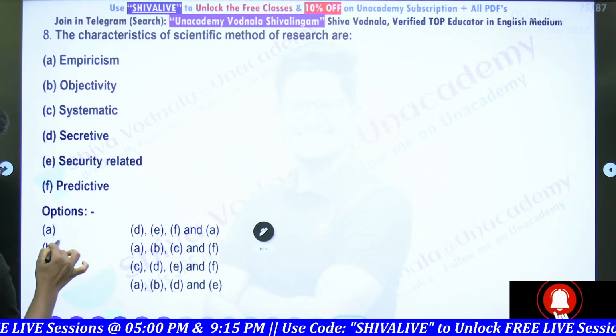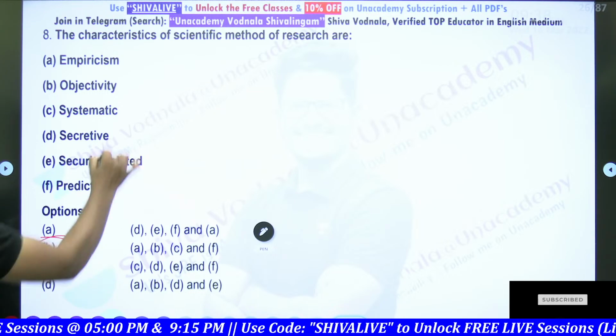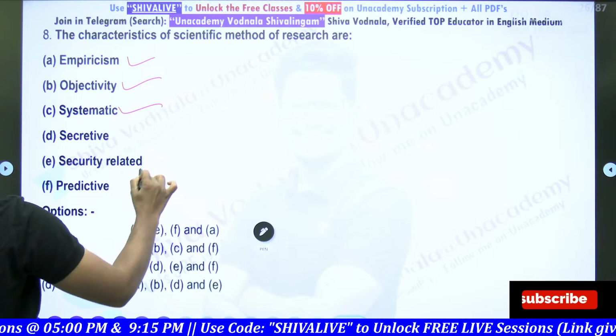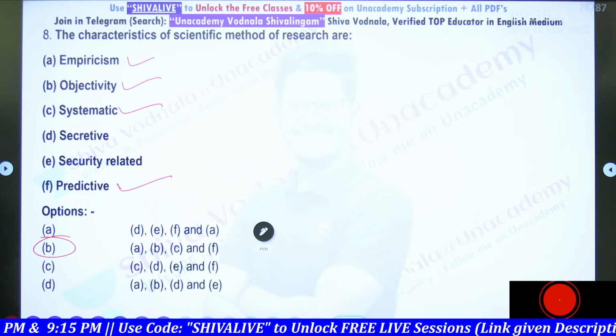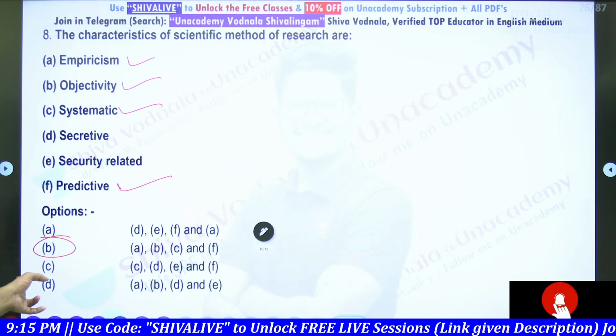So option B is the given answer, that is A, B, C and F. Empiricism, objectivity, systematic and predictive in nature are the scientific method of research characteristics.